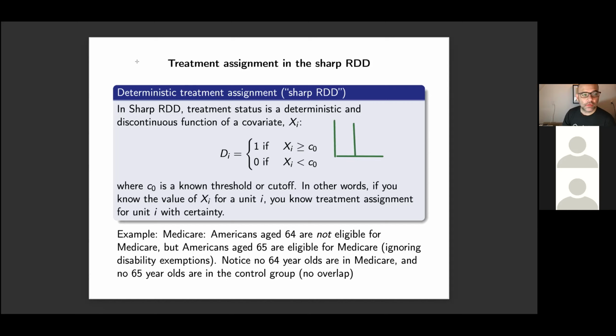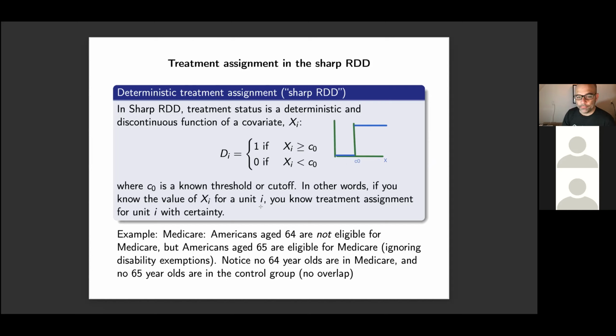Okay, so this is X. Right, so that's what that is. And you would have like that.